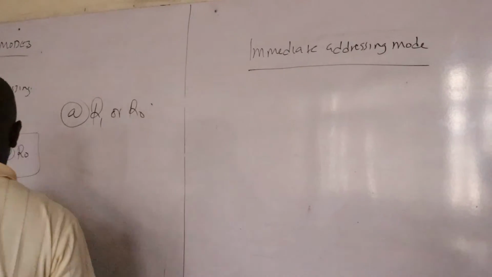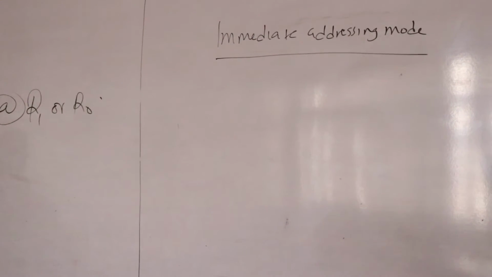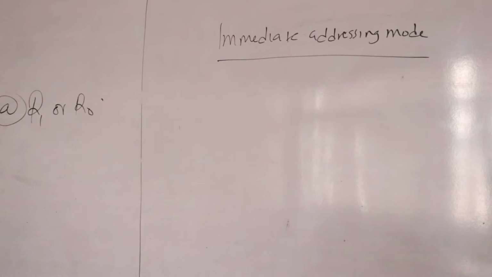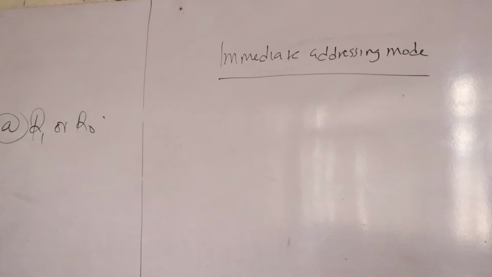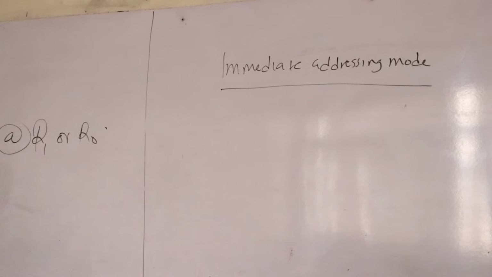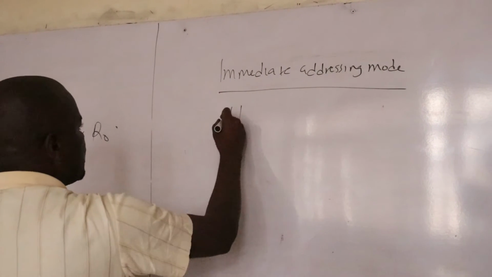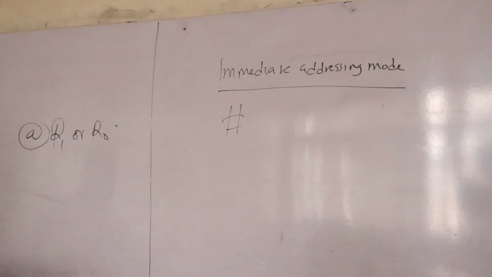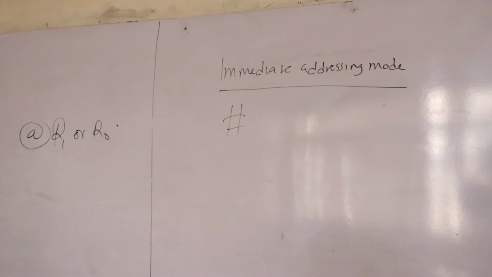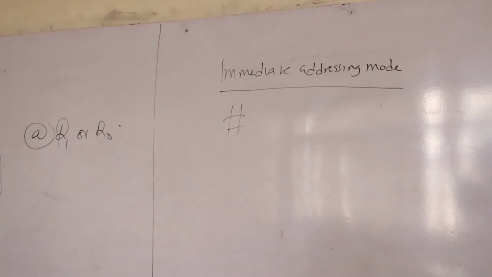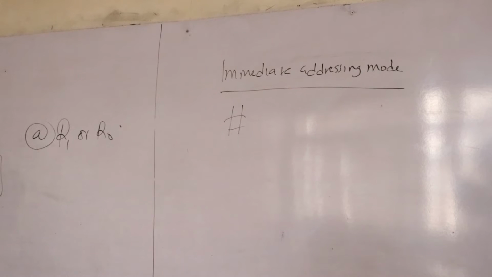So when the source operand is a constant rather than a variable, then the constant can be incorporated into the instruction as a byte of immediate data. So in assembly language, the immediate operands are always preceded by the pound sign. Anytime that pound sign precedes a given number, then that particular type of addressing is what we refer to as immediate addressing.